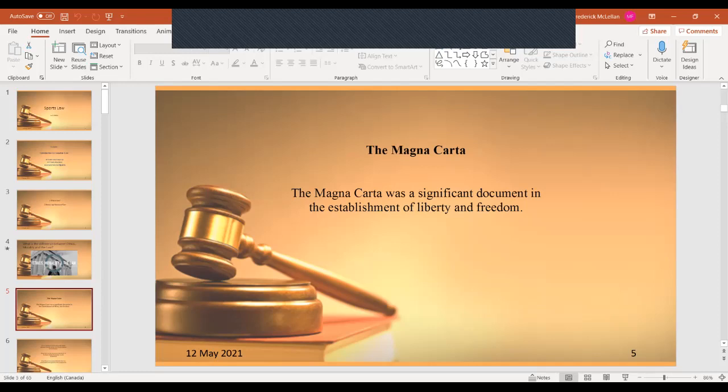Right, the Magna Carta was probably the most significant document in the history of the English-speaking world for the establishment of liberty and freedom. It had its 800th anniversary in 2015, and remember, obviously back in 1215 there weren't printing presses, so they were hand done by monks for the most part, and I believe there were 8 or 9 original Magna Cartas actually transcribed.